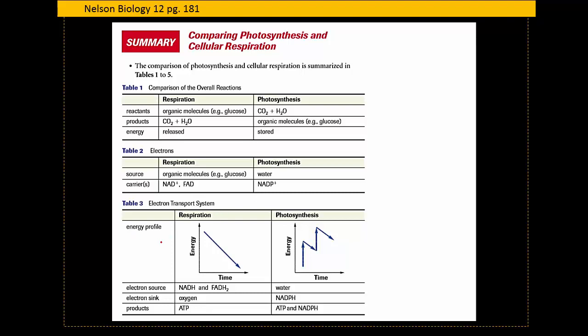The energy profile describes how the energy is changing over time in cellular respiration versus photosynthesis. You know that NADH or FADH2 drops off electrons to an ETS carrier. All right, let's say it's NADH dehydrogenase. And as the electron travels from component to component in a series of redox reactions, it releases energy.